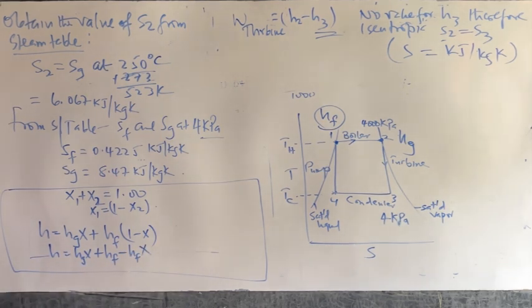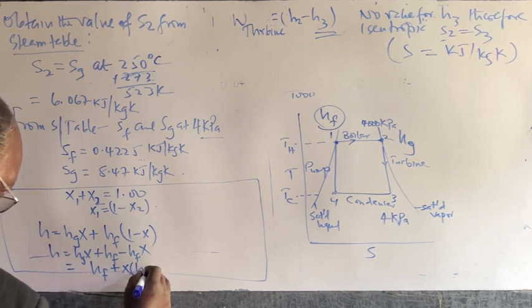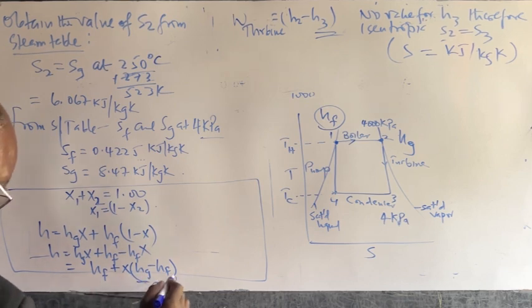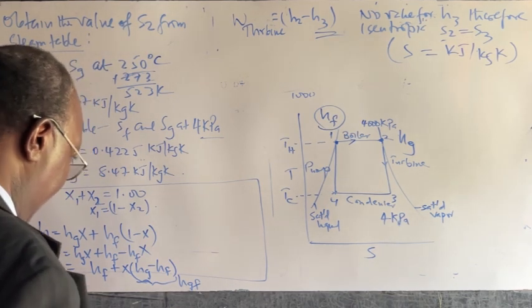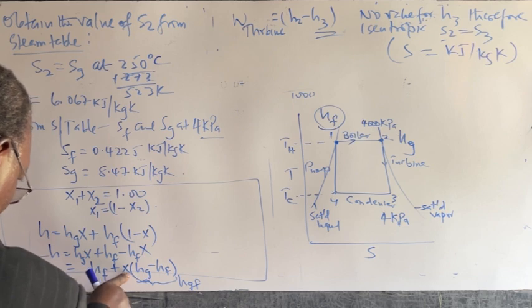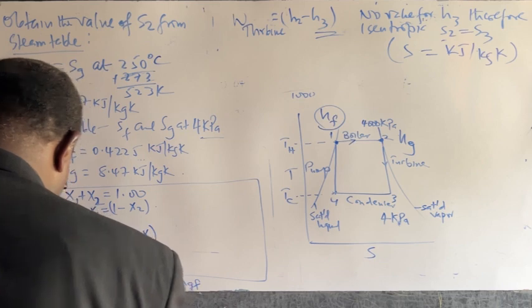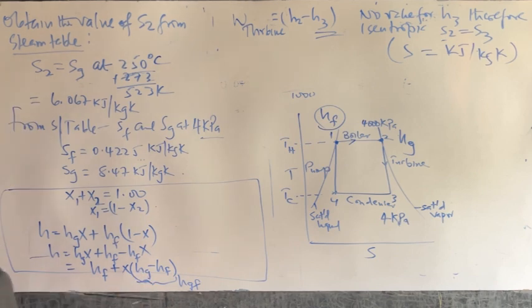And of course, factorizing out the X, we get Hf plus X into Hg minus Hf. And this Hg minus Hf, we normally write it as Hfg. So we have X into Hfg.